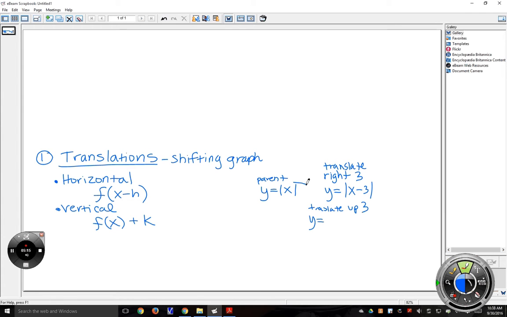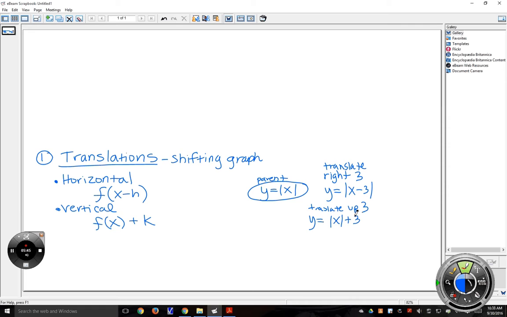So starting with this same parent function, but now we want to translate it up 3. Marcus? Yeah, so we have that part there, but what is it going to look like specifically if we're using the absolute value function as our parent function? Good. So is everybody good with translations? This is basically how they work. Okay? So then we can shift things up, down, left, right.